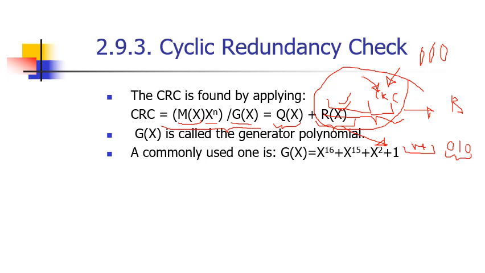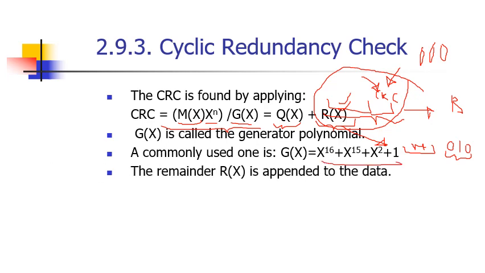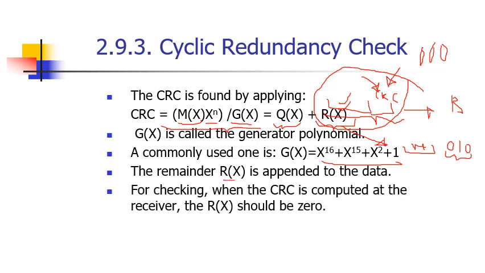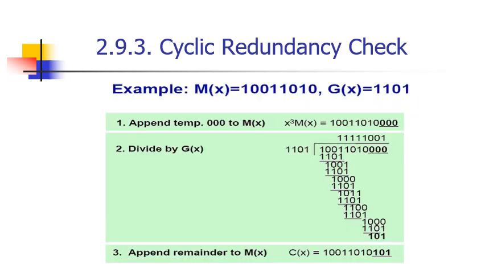So this is now a commonly used generator polynomial. The remainder R(x) should be appended to the original message. At the receiving end, you do the same with the message appended with the CRC. If the remainder you get at the receiving end is 0, this is an indication that the message has been received correctly.